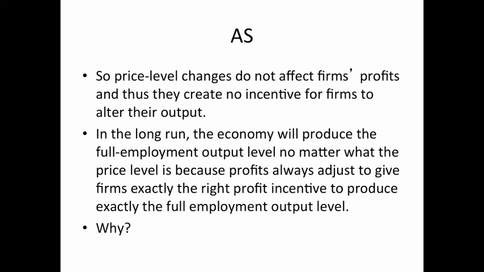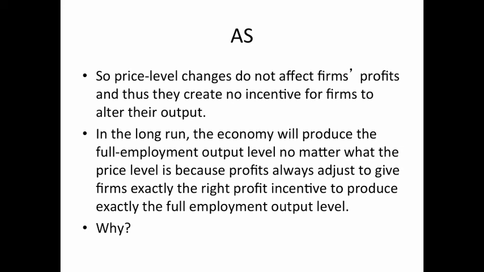Well, we'll see that price level changes do not affect the firm's profits, and therefore they don't create any incentive for firms to change their output. And so the economy in the long run will always produce the full employment level of output, irrespective of the price level, because profits will always adjust to give the firms exactly the right profit incentive to produce exactly the full employment output level.